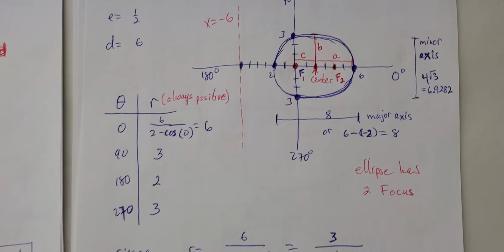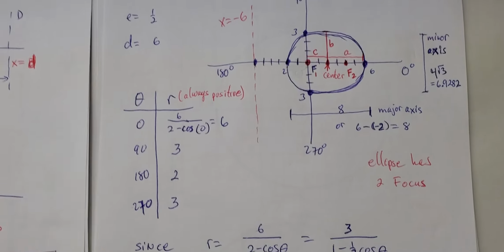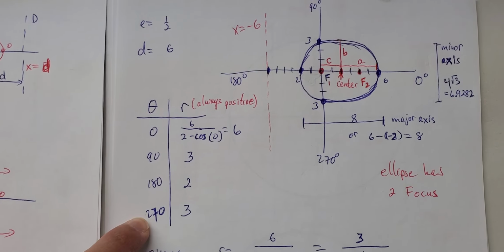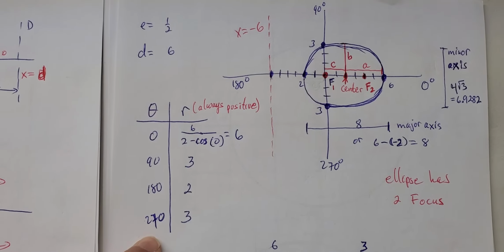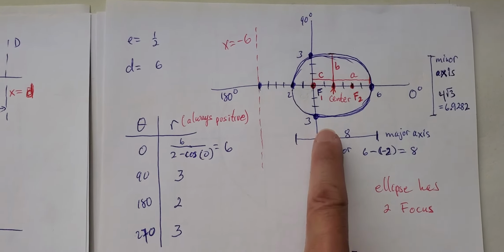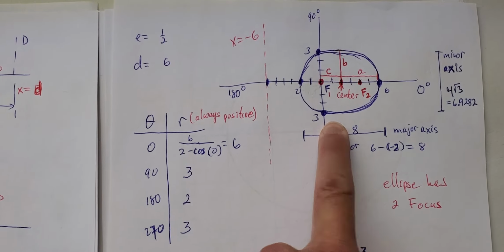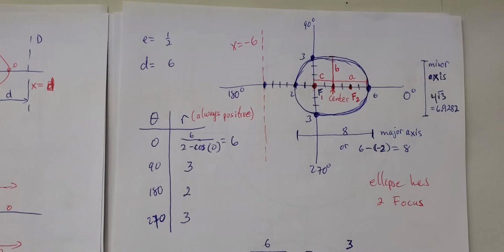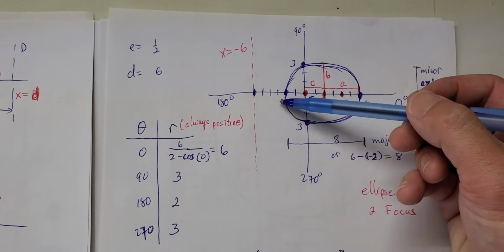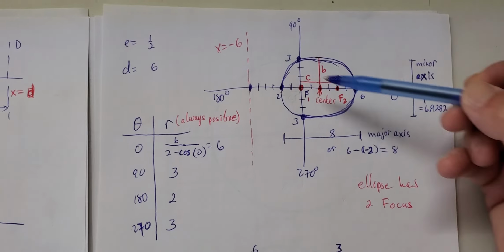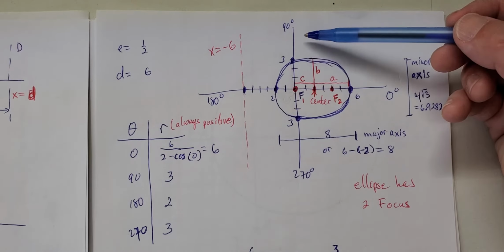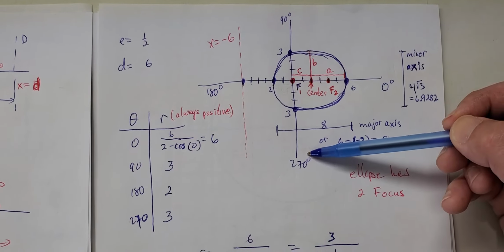So next, we need to find out. So that is a rough sketch. Again, just use these 4 points so you can get a rough sketch of the graph. Okay, next, we need to find the major axis, and the major axis is from left to right. Now, if this was vertical, then your major axis will be from top to bottom.